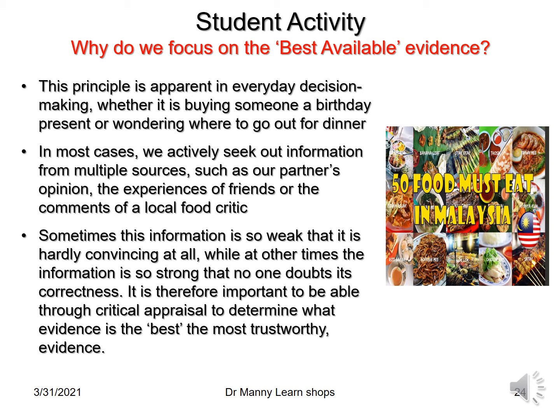Sometimes this information can be really poor or weak, hardly convincing at all, while at other times the information is really strong and no one doubts its correctness, trustworthiness, reliability or validity. So it's important to be able to critically appraise to determine which evidence is best, which is the most trustworthy evidence.